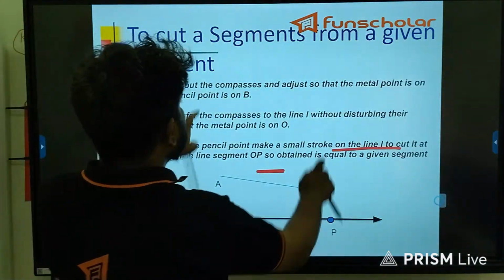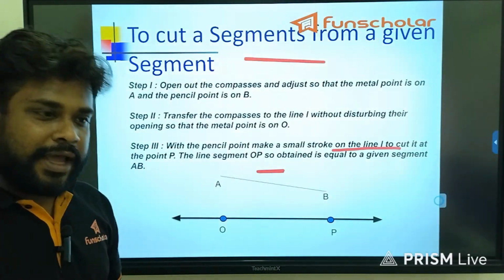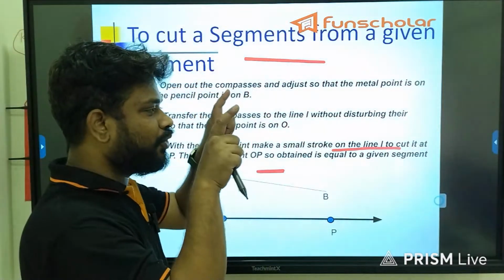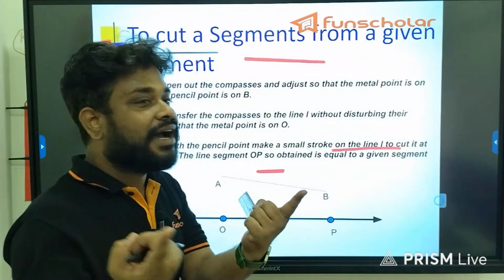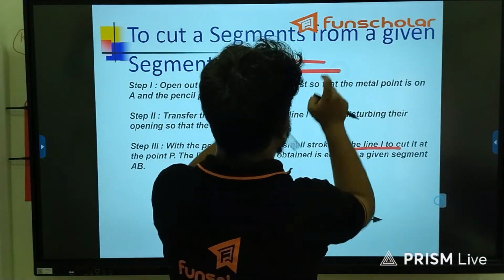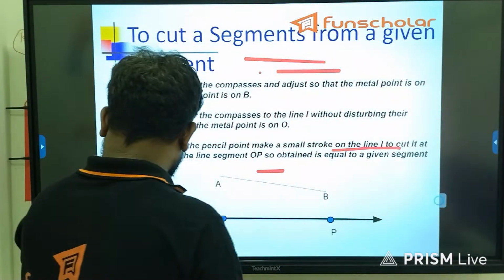So you guys can take it like this also. Just take the measurement, put the compass and draw the line. Yes, these two fingers are working like the compass as well.